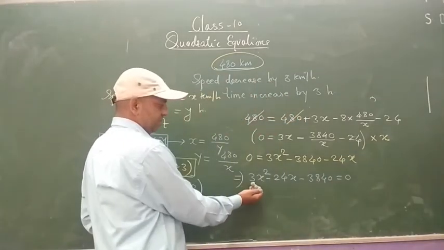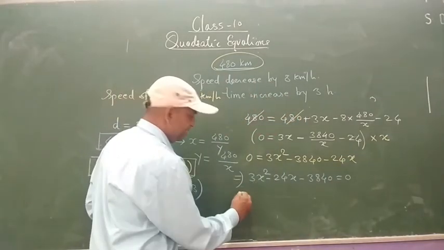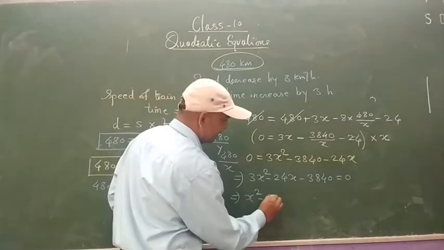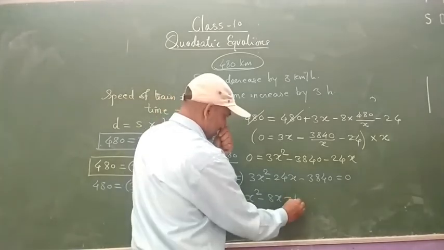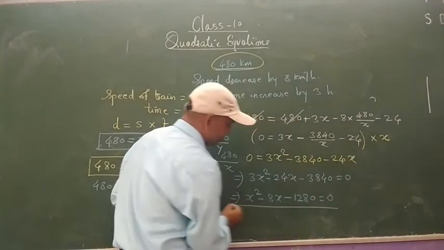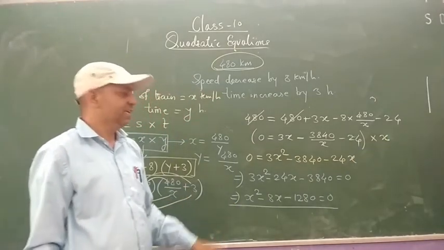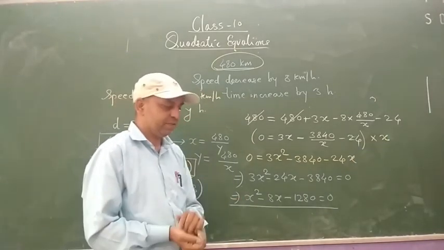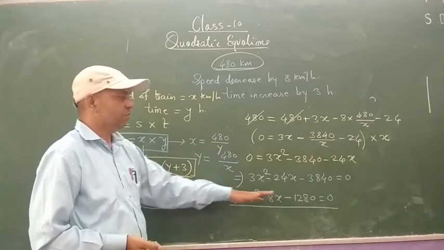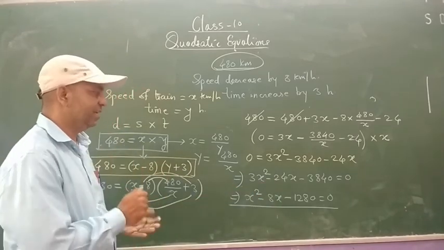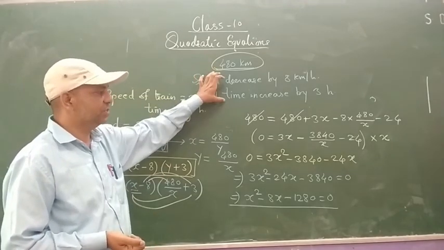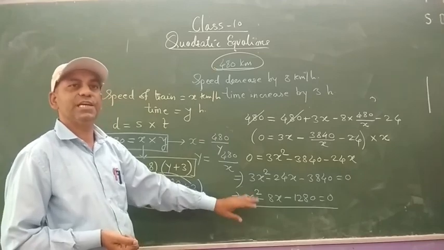Now just take 3 common. So we get x square minus 8x minus 1280 is equal to 0. So this is the quadratic equation: x square minus 8x minus 1280. So this is the situation, and we presented this situation in the form of a quadratic equation.